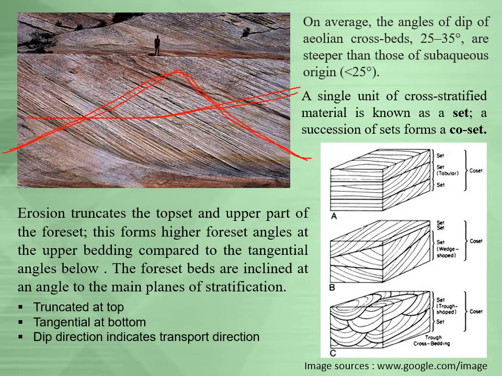My stoss side is eroded, the top set of the lee side is eroded, the topmost portion of the foreset is eroded. The only thing preserved is the middle and lower portion of the foreset, and the gently inclined bottom set portion.